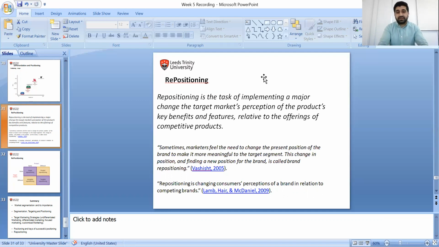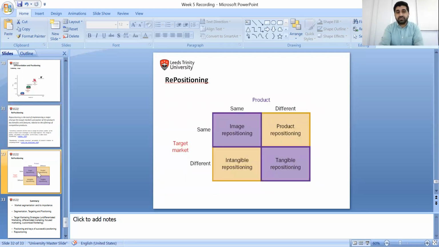Sometimes marketers feel the need to change the present position of the brand to make it more meaningful to the target segment. This change in the position, finding a new position for the brand, is called repositioning. It is changing consumers' perception of a brand in relation to competitive brands. We can see here in the next slide.